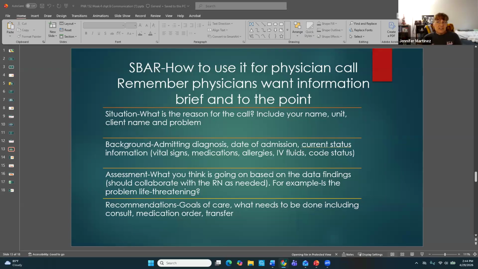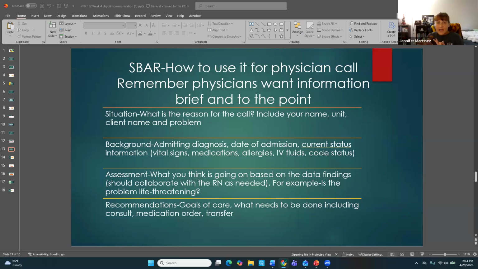And then recommendations are going to be what you need from the healthcare provider. What needs to be done? Do you need the doctor to come see them? Do you need to order for a specialist to come see him? So maybe Mr. Jones needs a psych consult, right? Do they need to be transferred to a higher level of care?